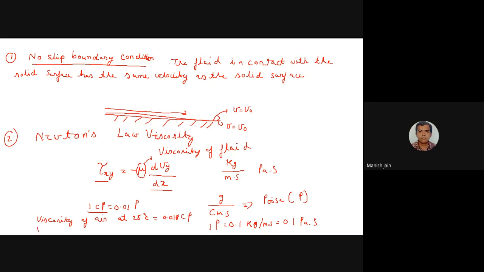The viscosity of water at 25 degrees Celsius is equivalent to 1 centipoise. And some melts or pastes used in the chemical industry, like polymer melts or thick pastes, have a much higher viscosity.